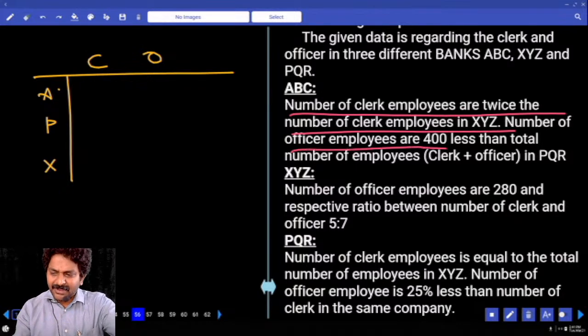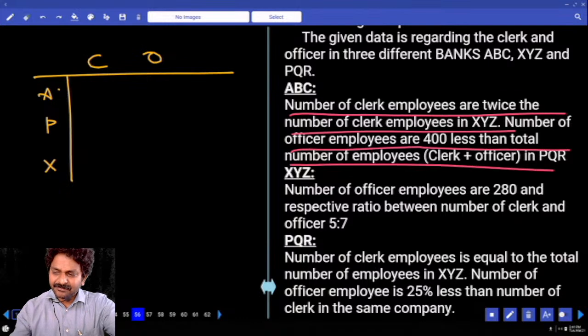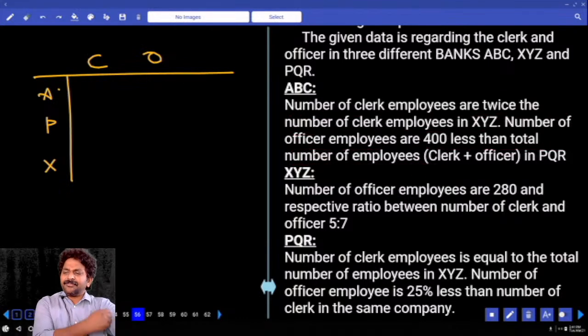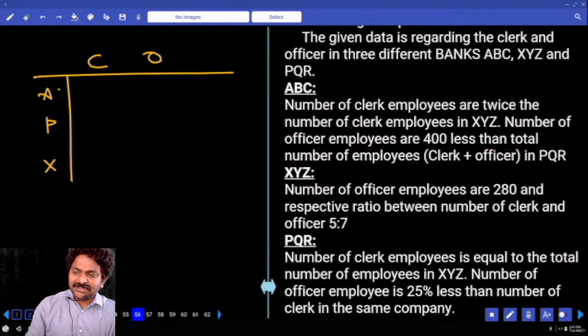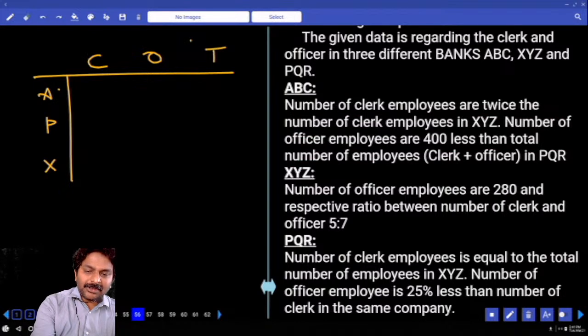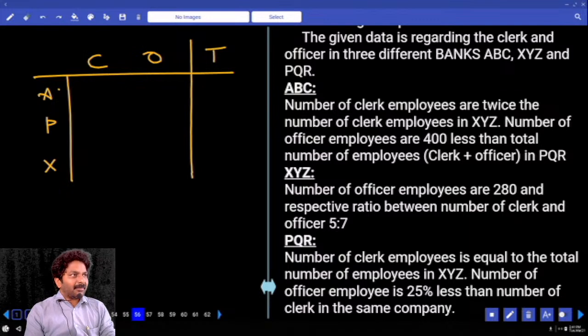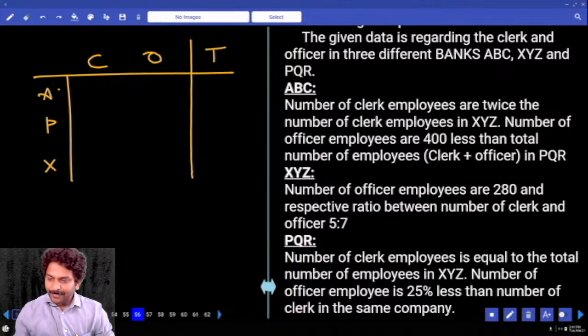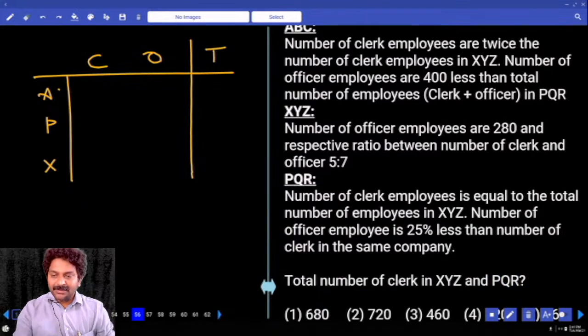Number of officer employees are 400 less than total number of clerks and officers in PQR. So we also have total. Comparison is given but not any number, so I don't want to fill anything. Even if you fill, you need to cancel it again.